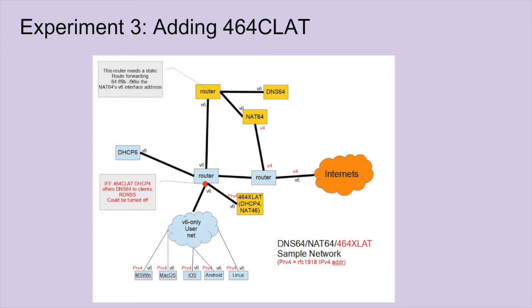And this raises an interesting question. So now I'm providing a DHCP server on the wire, and I'm offering DHCP to clients. Do I need that nasty old RA-based RDNSS anymore?